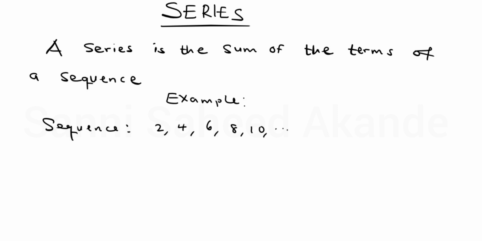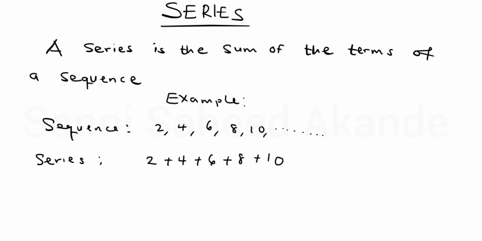Now what a series is showing us is that when you add all the terms in a sequence together, that is what we call a series. That is 2 plus 4 plus 6 plus 8 plus 10. So a series is the sum of the terms of a sequence, as simple as you have seen it on the screen. Now let's take a look at some worked examples.